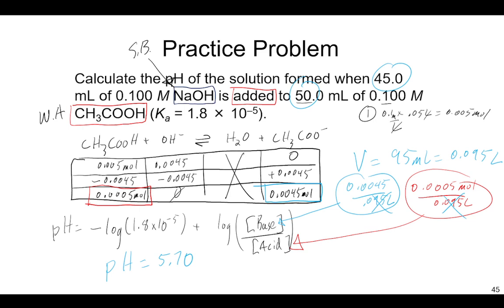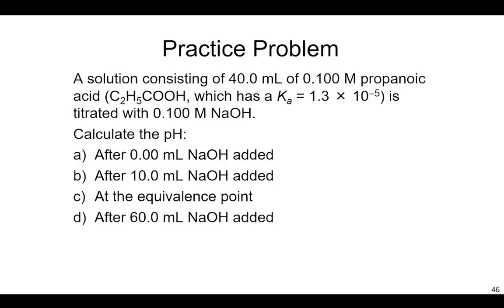So this is just a random practice problem to let you try to identify where am I in this titration and what the approach will be. In this final practice problem, I want you to calculate the pH at all 4 regions.